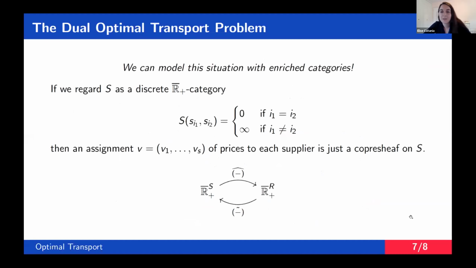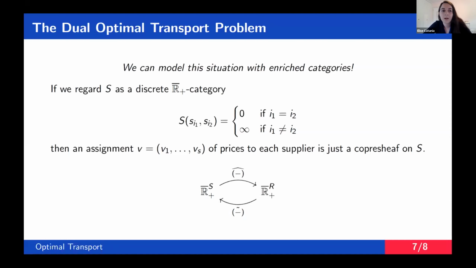And so the exciting part in all of this is that we can model the situation with enriched categories. So we can regard S as a discrete R bar plus category where the distance between two suppliers is 0 if they're the same and infinite if they're not. And so really what all this is saying is that we don't really care about distances in this setup.